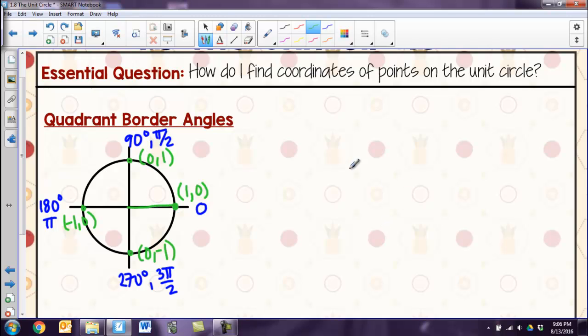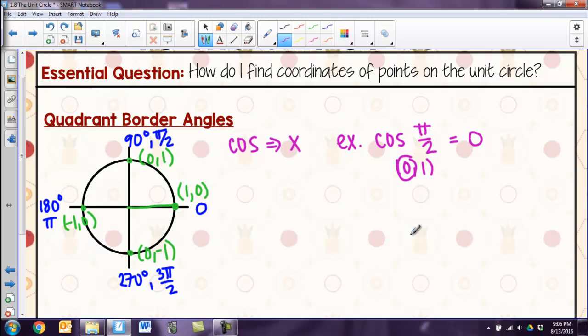If I remember that my cosine value goes with my x value, it would be pretty straightforward. If I wanted to find the cosine of pi over 2, I simply look at the point 0, 1, and I pick the x value of it. So I would pick 0, and I would know that the cosine of pi over 2 is 0. It'd be really hard for me to try to draw a triangle on something that was straight up and down.